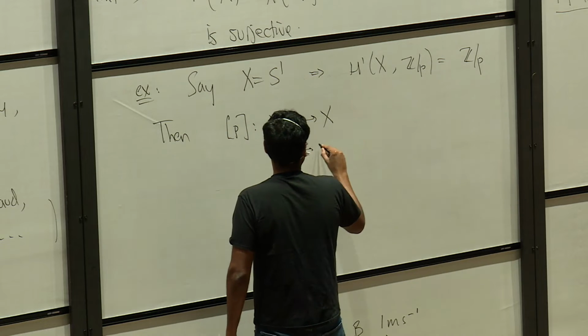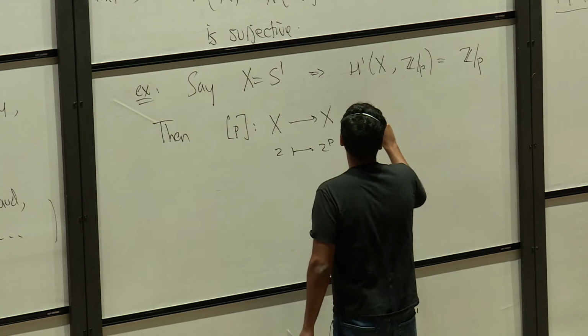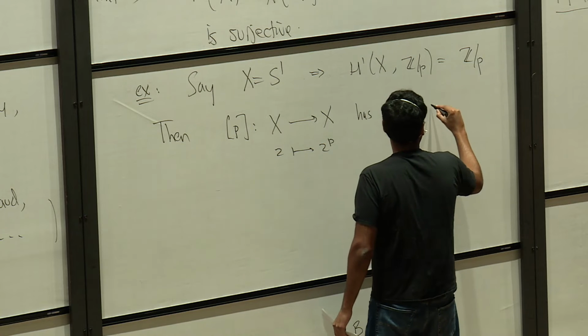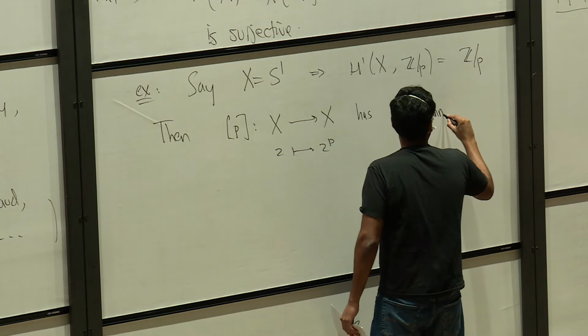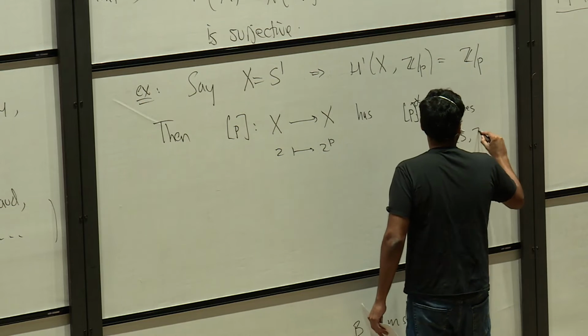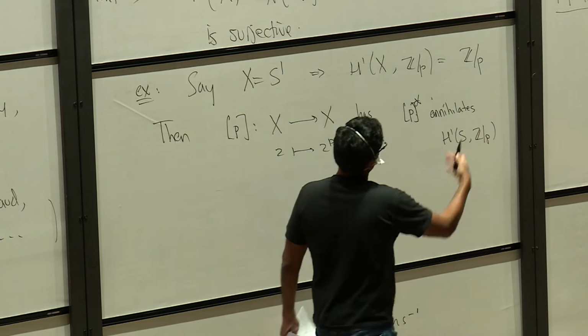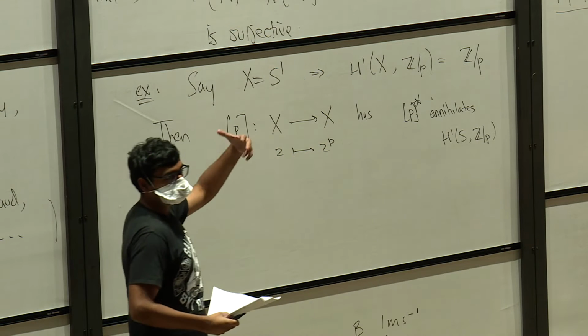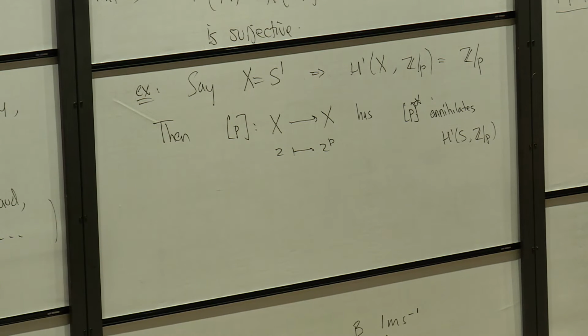So z goes to z to the P. This map has the property that the pullback annihilates this group. Because it induces, for any coefficients I put over here, the pullback is going to be multiplication by P, because I'm multiplying by P on the group.